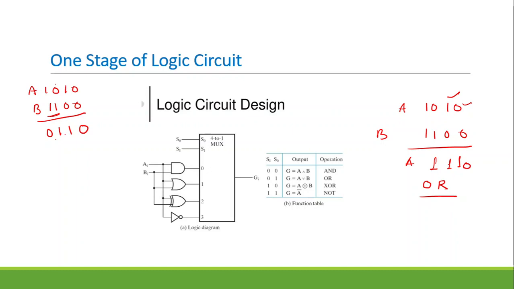Similarly, in case of selective clear, the operation clears to 0 the bits in A only where there are corresponding ones in B. So, if the input for A is 1010 and for B the input is 1100, we will get the output as 0010. So, this will be A after this.